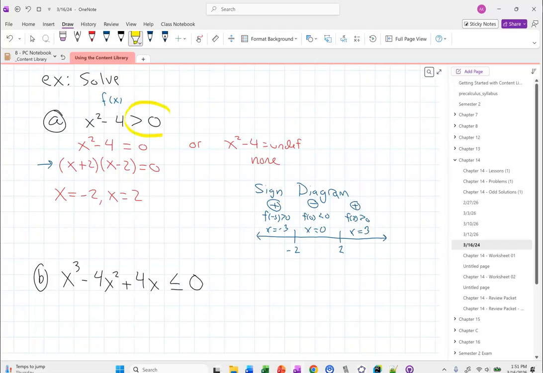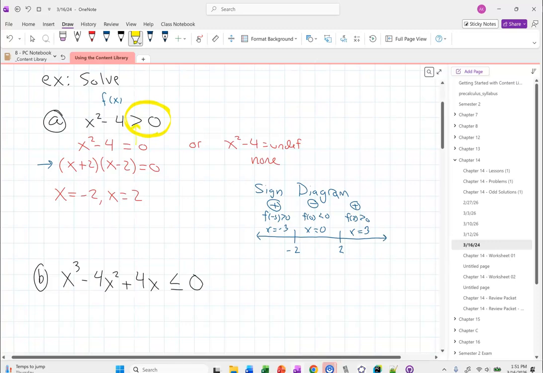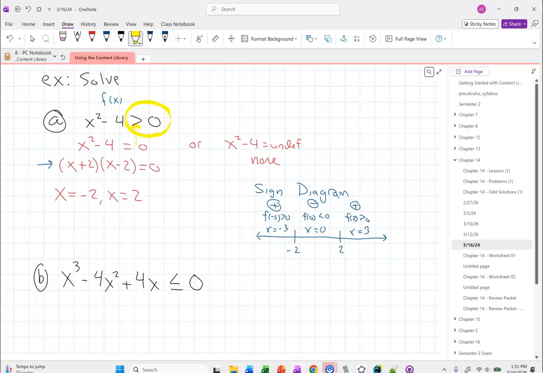The part that's going to tell me what to do for both of them is this, because it's not an or equal to. If I plug -2 into this, is 0 greater than 0? No, right? So I'm going to use an open circle.